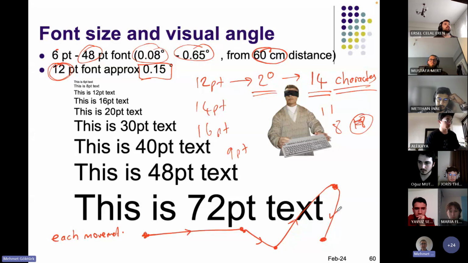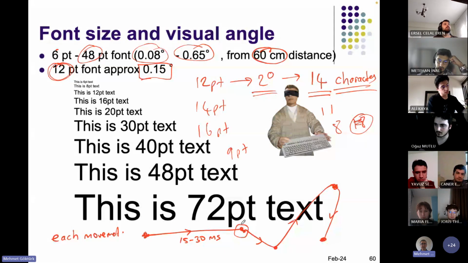So this movement takes about 15 to 30 milliseconds, whereas waiting takes about 100 to 150 milliseconds, because you have to see.